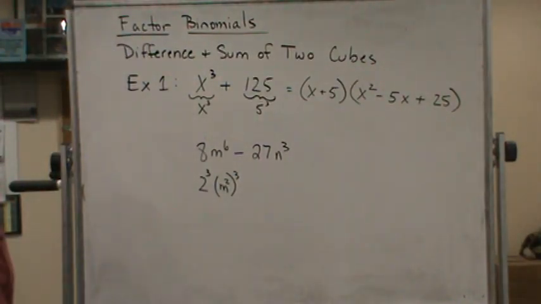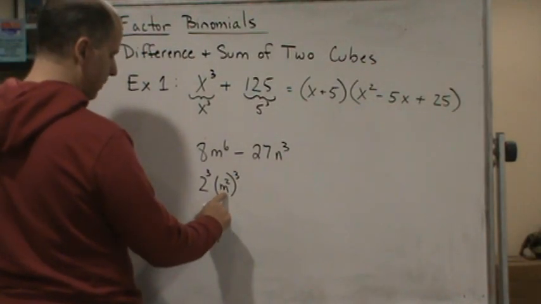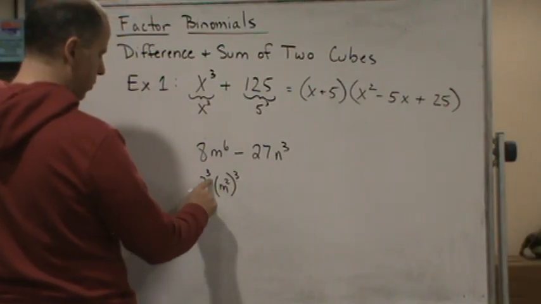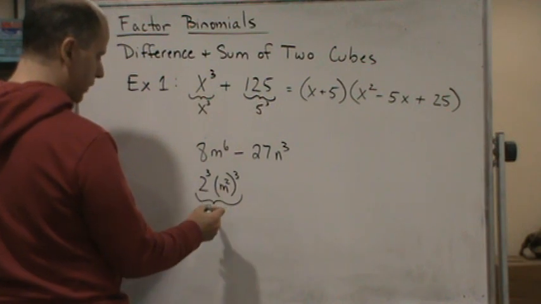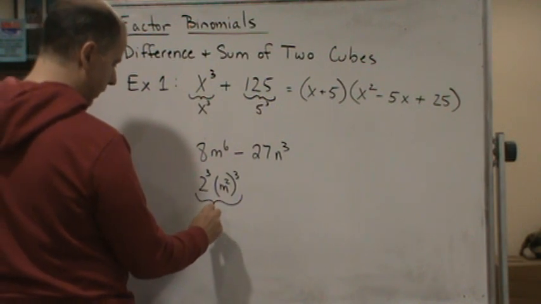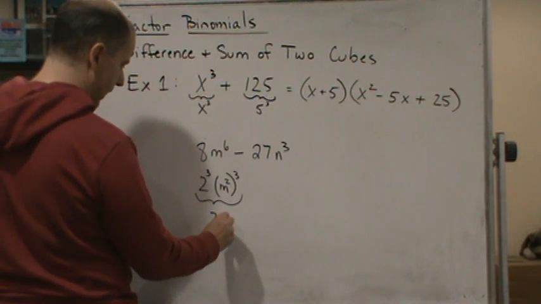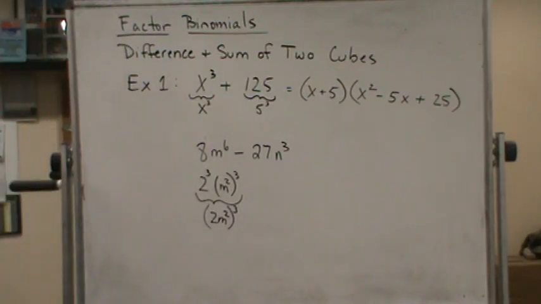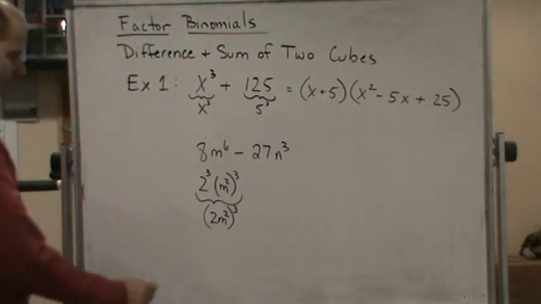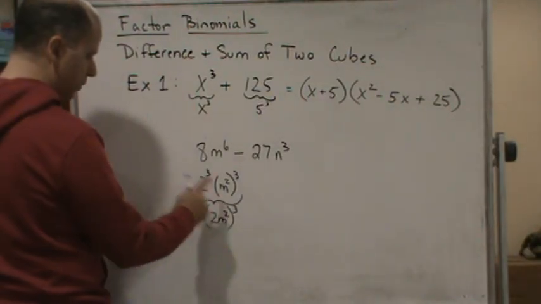Property of exponents. So we've got m squared to the 3rd power, we've got 2 to the 3rd power, which means that this is a perfect cube, and it's actually 2m squared raised to the 3rd power. So A is equal to 2m squared.